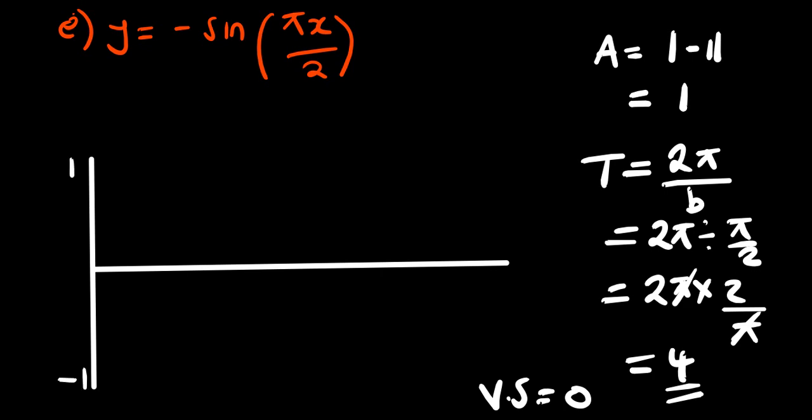Then the period, the time it's going to take to complete the full revolution, is 4. Now let's demarcate our graph into 4 parts. The half of 4 is going to be 2. Between 0 and 2, the half of 2 is just going to be 1. Between 2 and 4, the half of that is going to be 3.